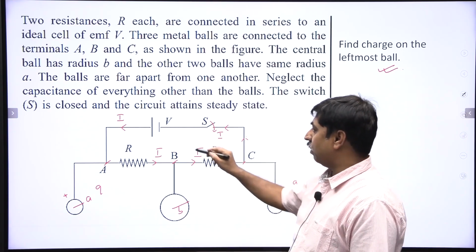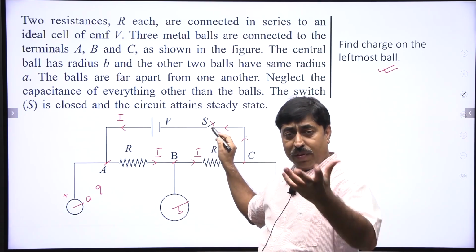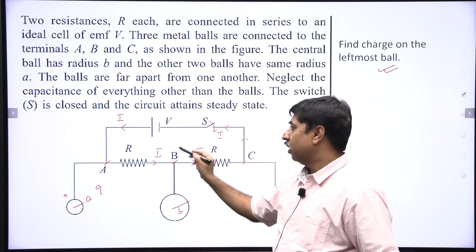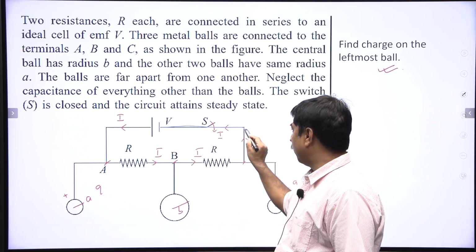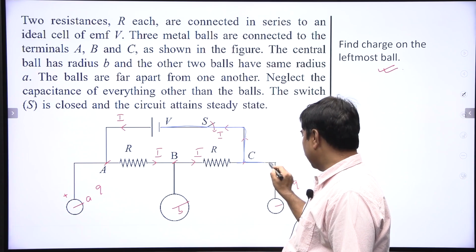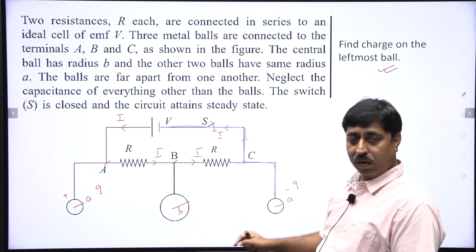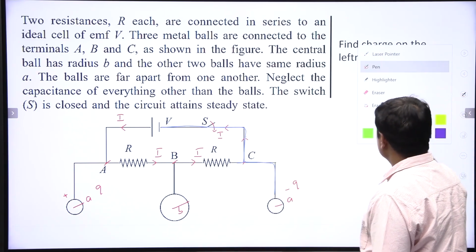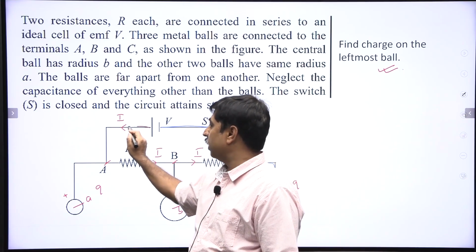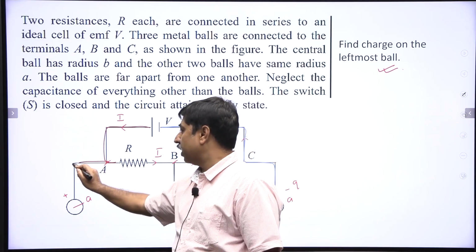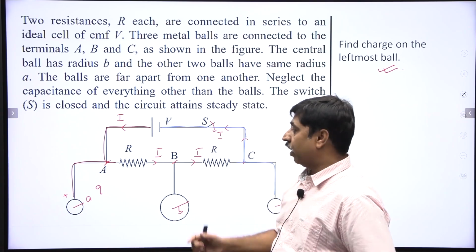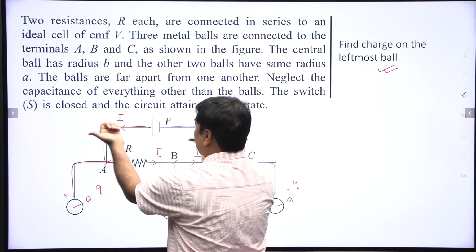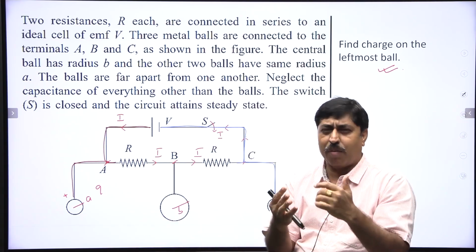So, let us assume that the negative charge which is getting out of this terminal, I am calling it blue charge. So, the blue charge which is flowing from here, some part of it is getting here onto this ball, and the red charge that is coming out from this terminal, some part of it is getting on here. Because a cell always throws equal amounts of positive and negative charge, that is how we can think about it.